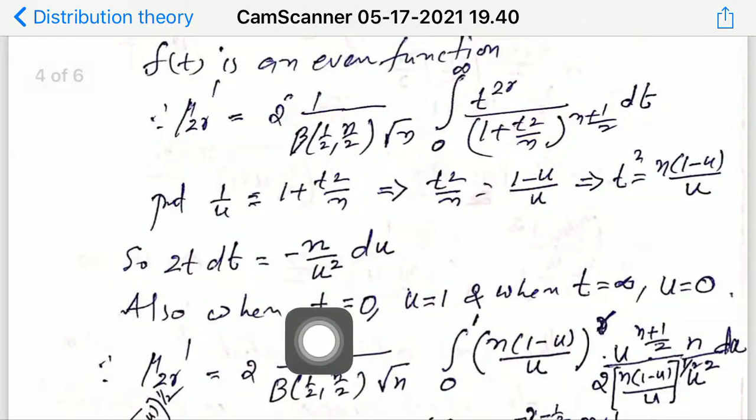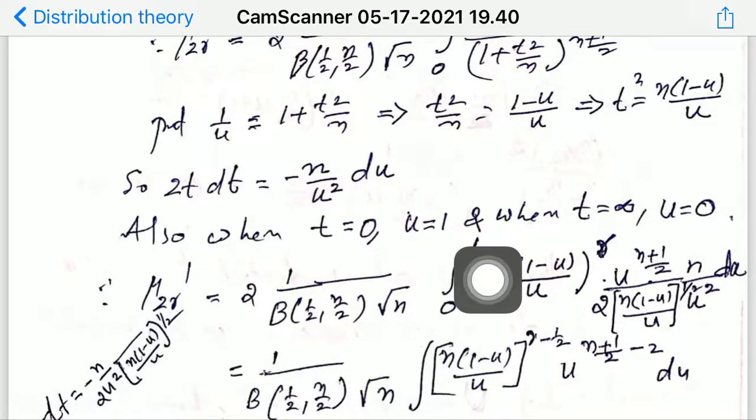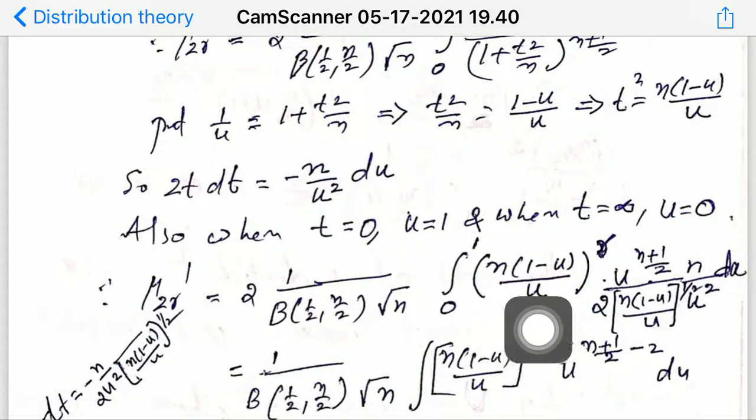So the integration range will be interchanged, so the integration becomes 0 to 1. Right? 0 to 1.